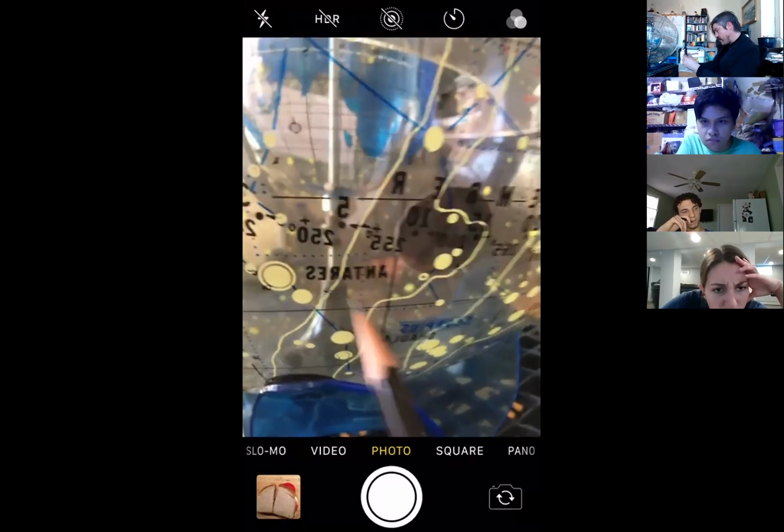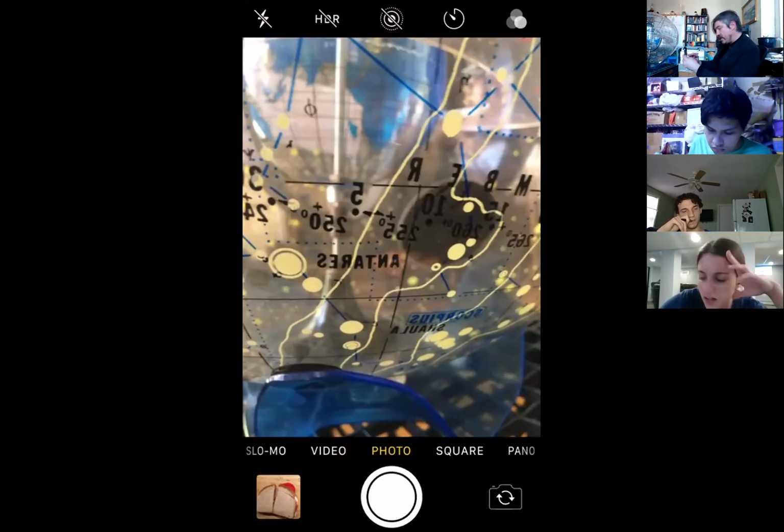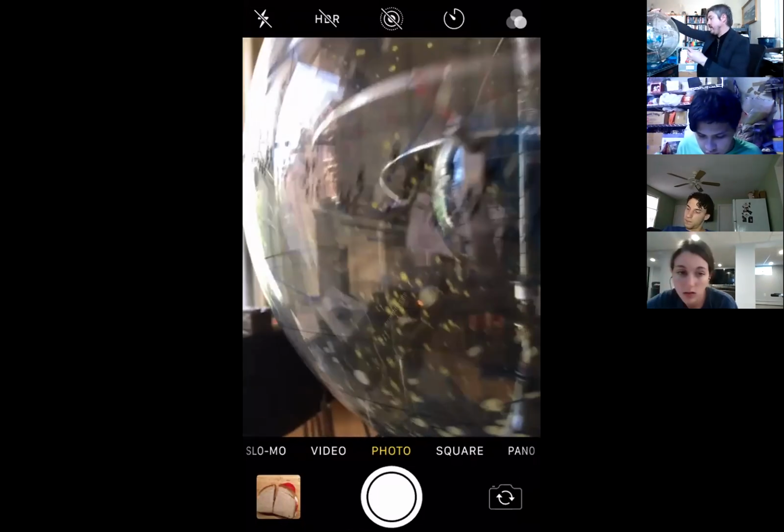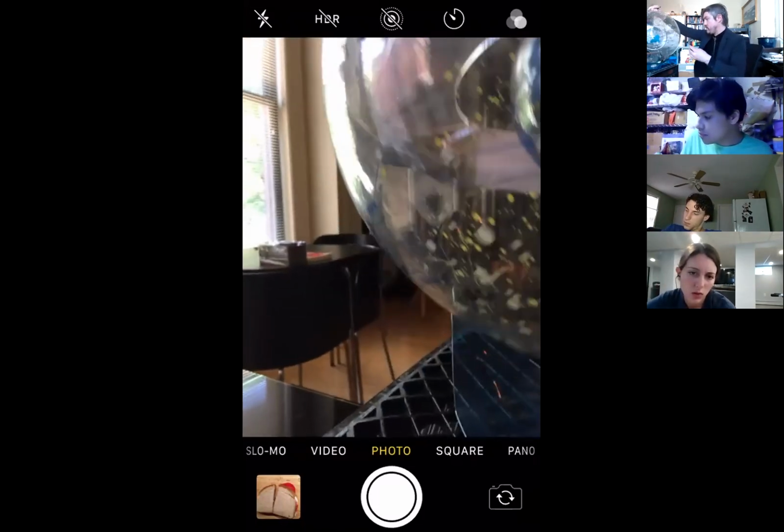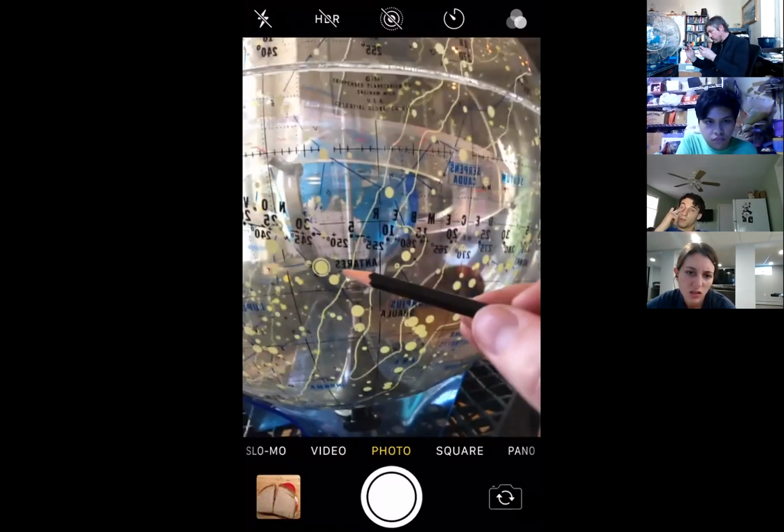You guys know how to pronounce that? Antares. Antares is anti-Mars. It's a famous red star that's confused with Mars. And we can't cross a dotted blue line here, right? So I lost it. Antares is actually down here in Scorpius.